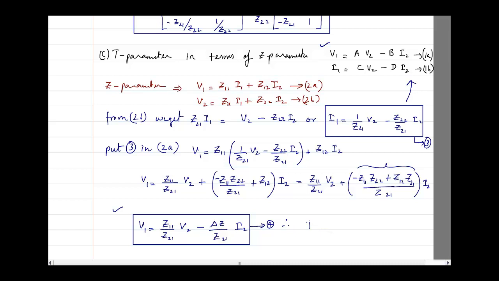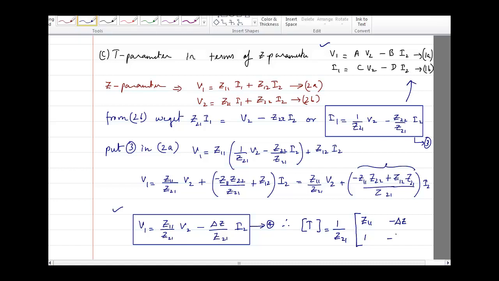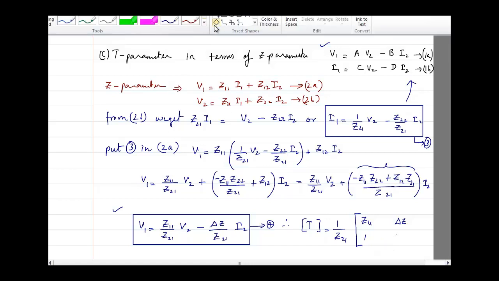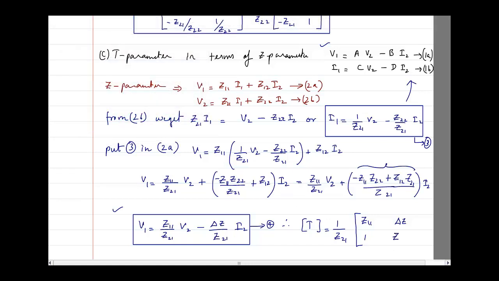Therefore, the t parameter can be written as, see here Z21 is common, so I will take 1 by Z21 as common, and whatever is there remaining, so if I take the first equation, it will be Z11 minus delta Z, this is going to be 1 and minus, sorry, minus is not there because this is also minus, so I will avoid the minus. Good. So this is going to be Z22.